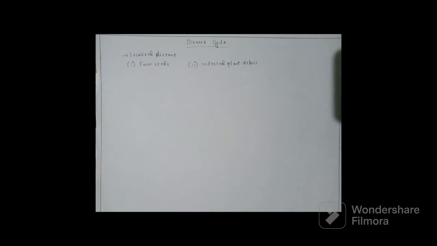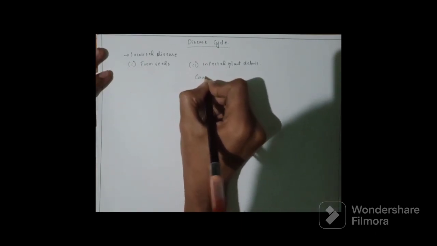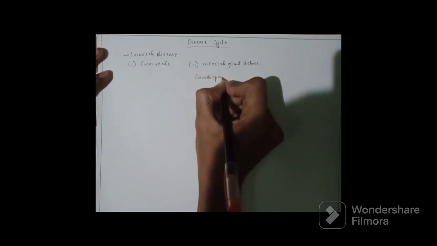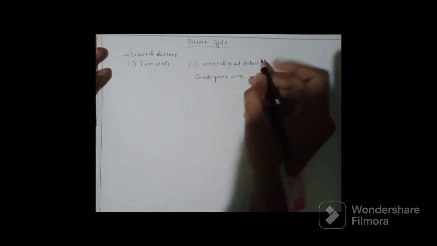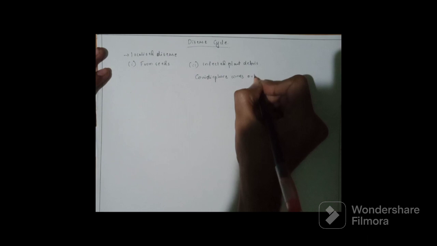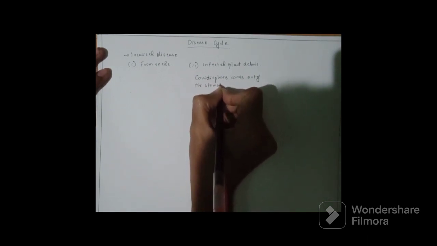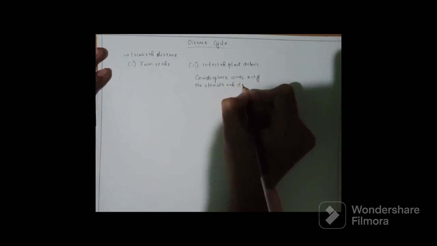So first of all, what happens? The conidiophore comes out through the stomata. The green parts obviously come out of the stomata and develop conidia.